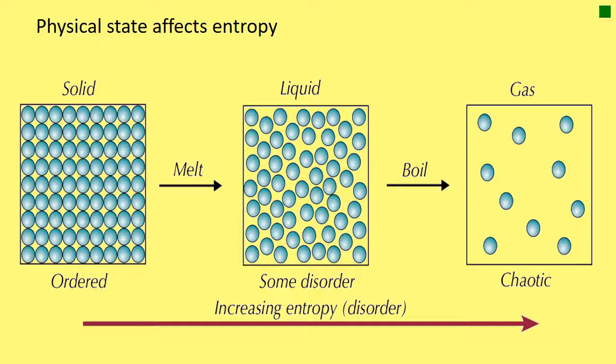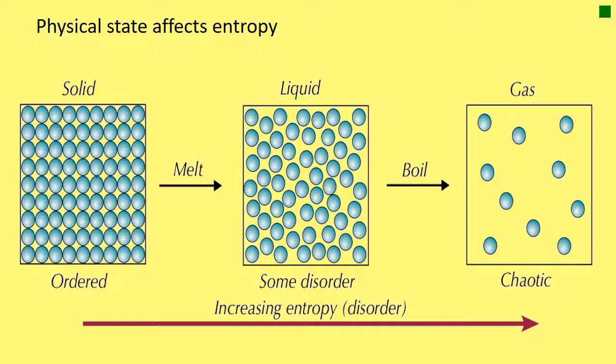And so you can see that the liquid is much more disordered. The particles in a liquid are able to move around much more, and that means that the liquid is more disordered, and that by definition is a higher state of entropy.